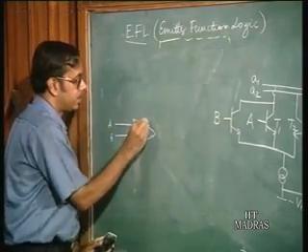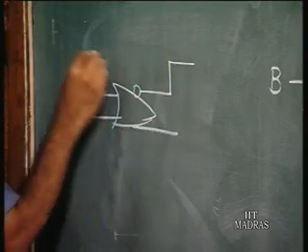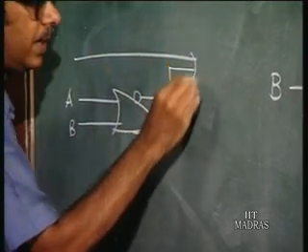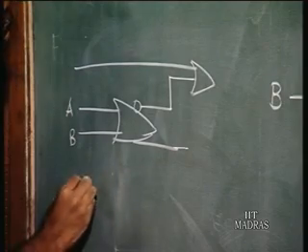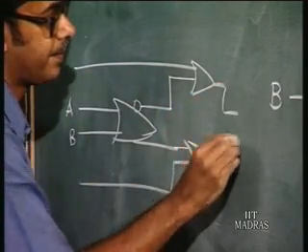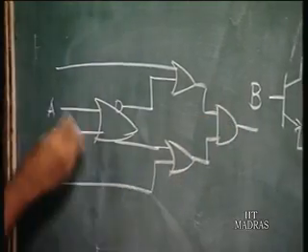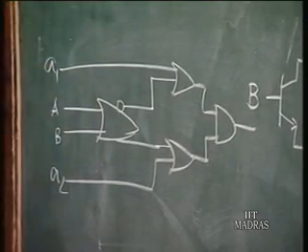You have one NOR output and one OR output, and again you have the A1 and A2, and F.